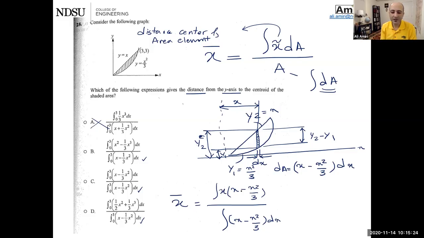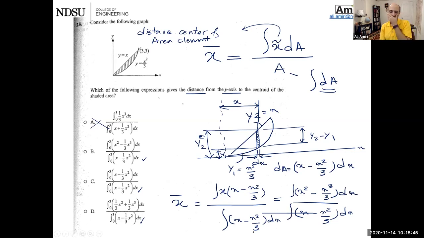So let's see if we can figure that out. Now it's going to be x squared minus x cubed over 3, dx, and dx. Okay, let's figure out which one.